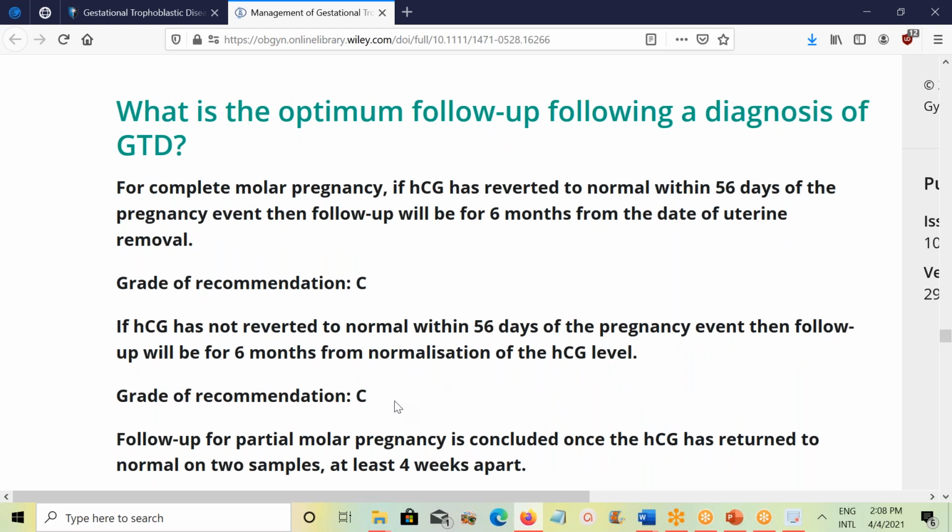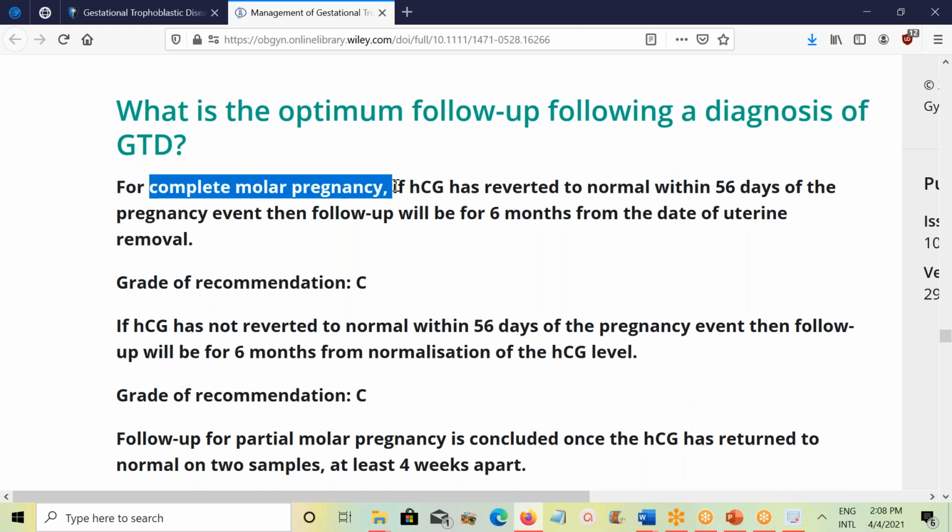Then the optimum follow-up. What should be the optimum follow-up following the diagnosis? So first of all, the molar pregnancy. These are all normal questions. They are testing you. This is a very important guideline, and read it at least 3-4 times before your exam. There was a complete molar pregnancy, and beta HCG returned to normal within 56 days of the pregnancy event.